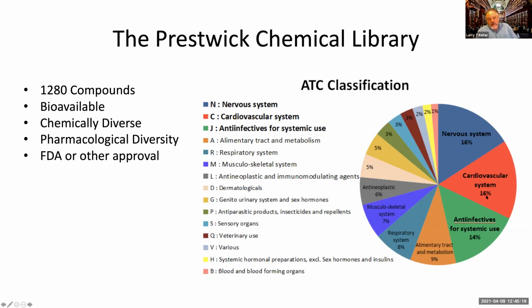And only about 16% of them are drugs that are developed for nervous system disorders. Many are in other categories that we're not sure whether they're going to suppress seizure or not. And that's the idea. We didn't want to focus screen. We want to be able to repurpose some of these compounds to treat epilepsy.